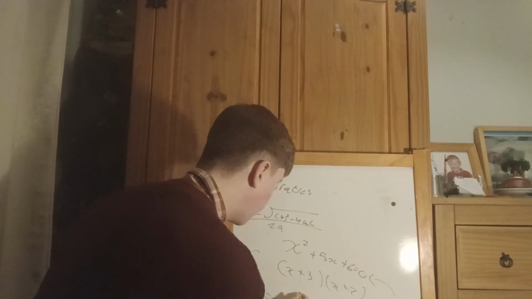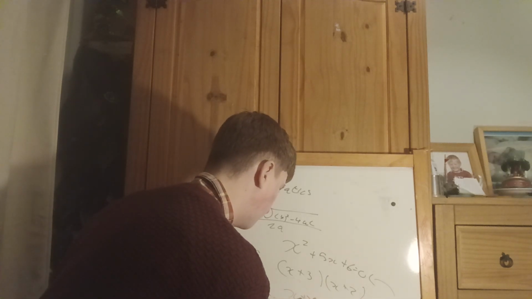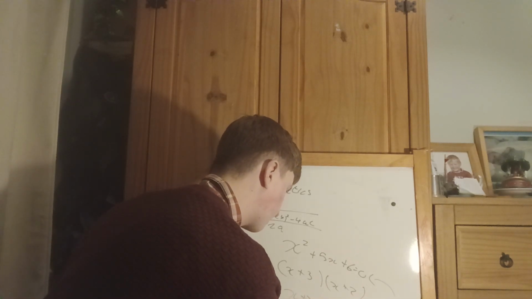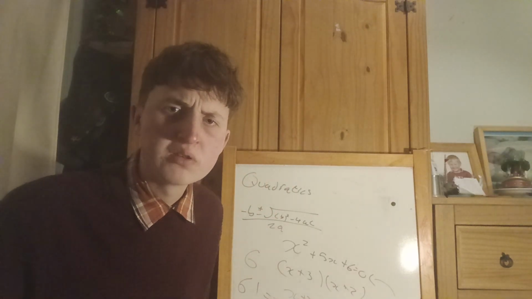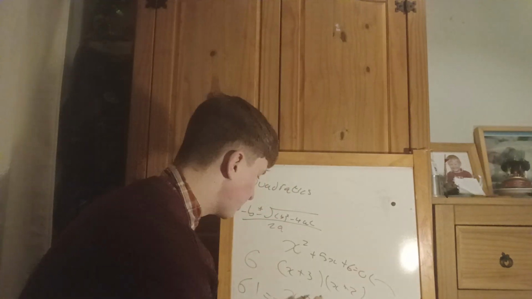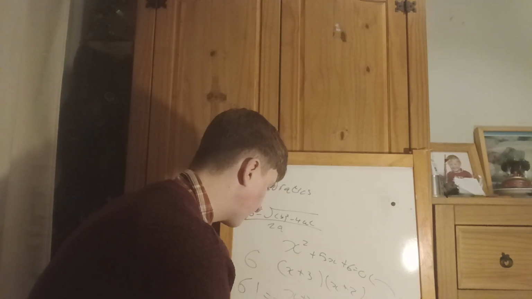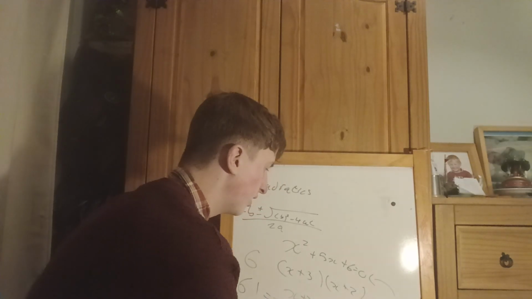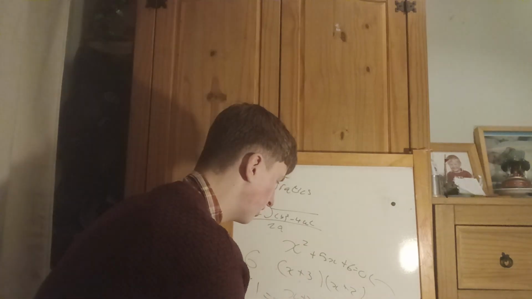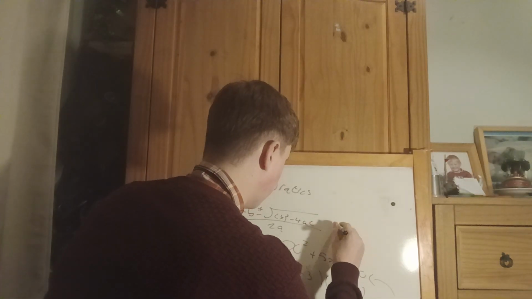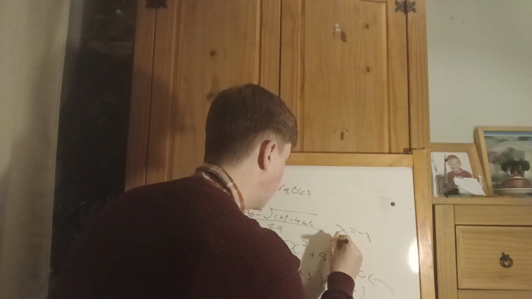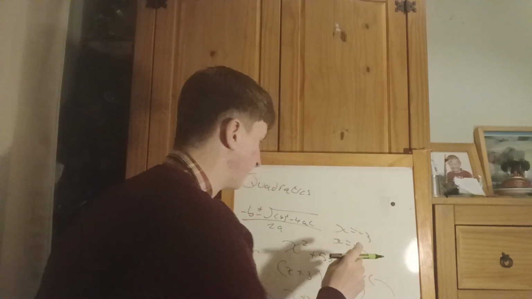So we have x plus 3 equals 0, and x plus 2 equals 0. With the simple balancing method, we take 3, so x equals minus 3, and over here, x equals minus 2. So our two answers are x equals minus 3 and x equals minus 2.